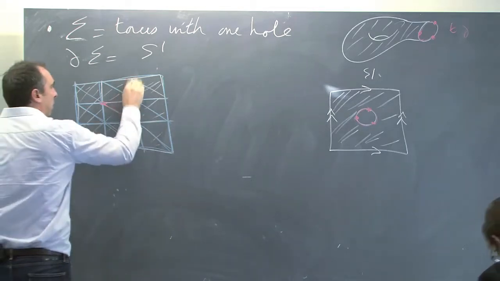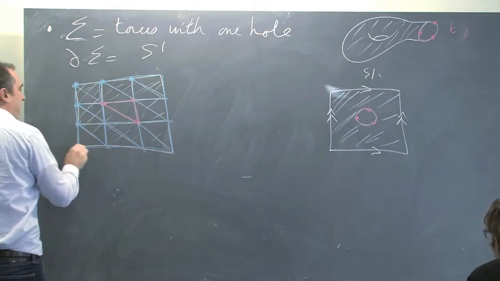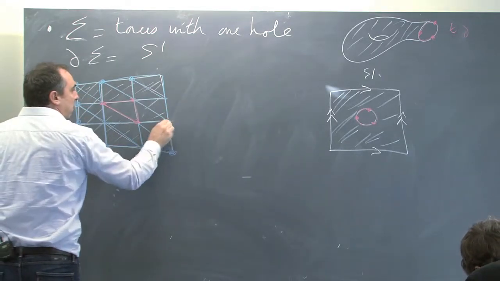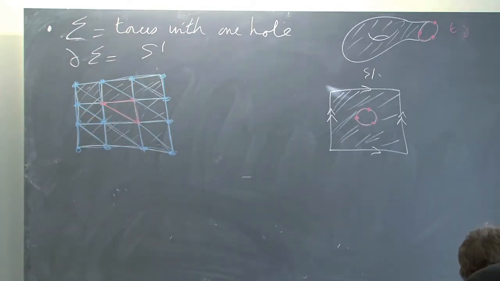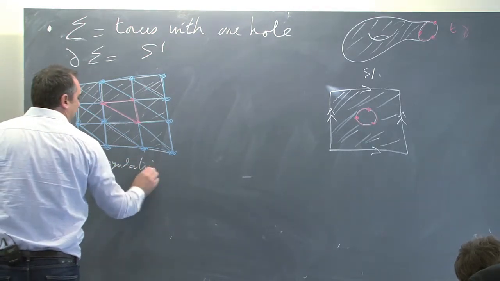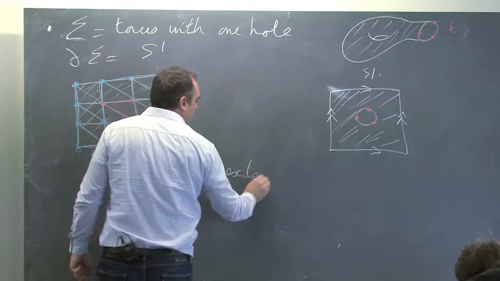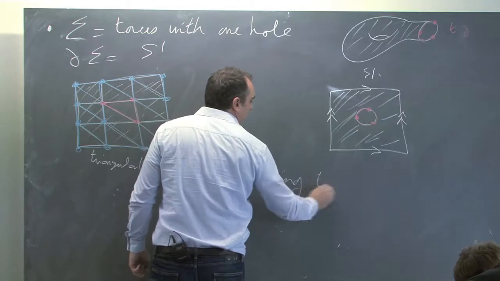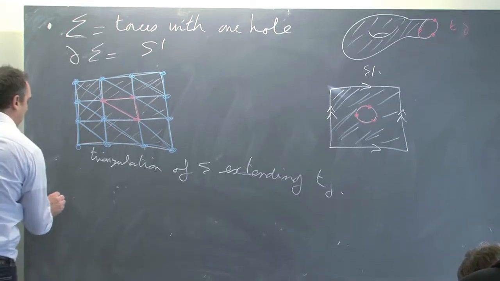Okay, I forgot this one. And you have a triangulation of sigma extending the one of its boundary. Okay, let's see another example.